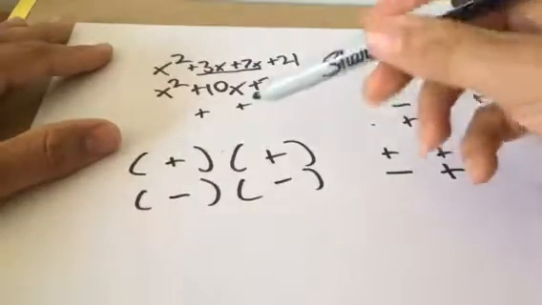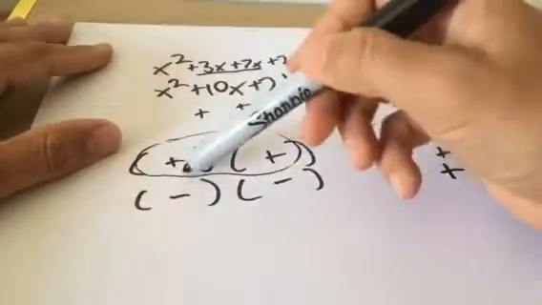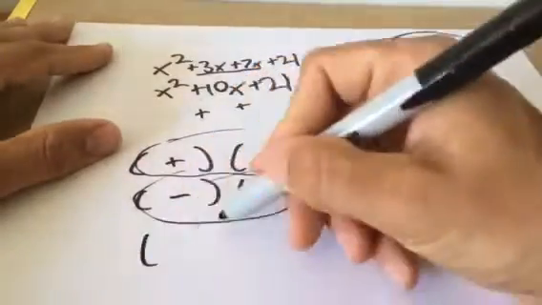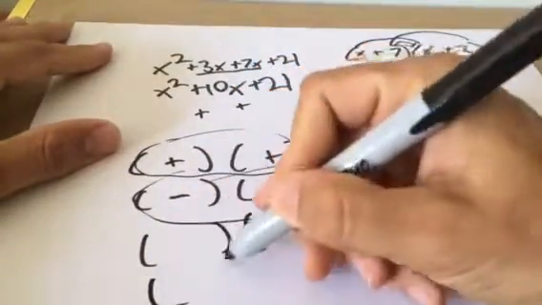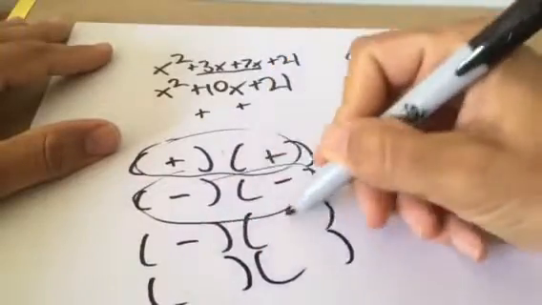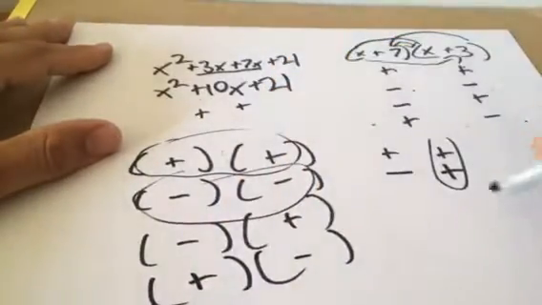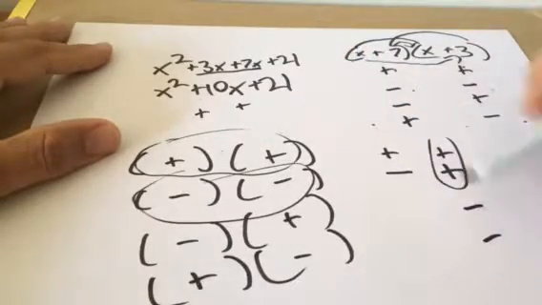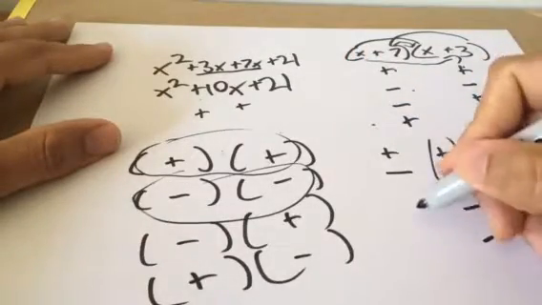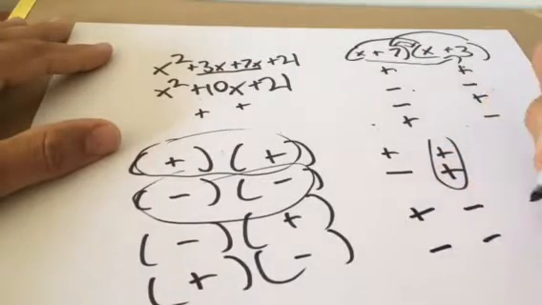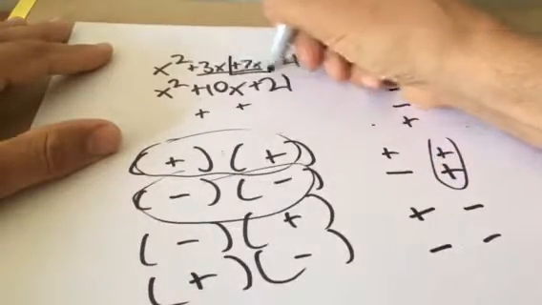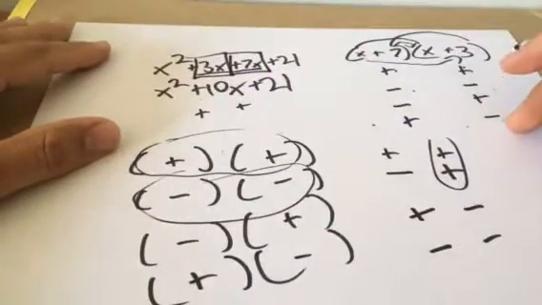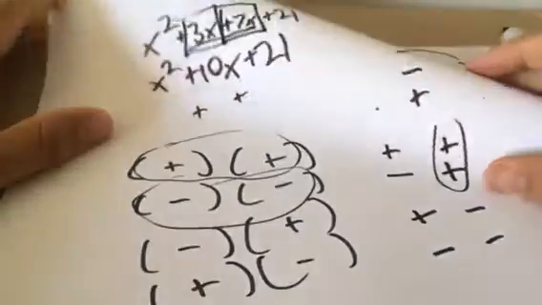The way I like to remember it is if the signs are the same, the last sign will be positive. For the parentheses that are both minus plus or plus minus, the final term of the trinomial will be a negative. The middle term will be either positive or negative, depending on whether this number, whichever number, is larger. So if it's a positive number, a negative number, etc.